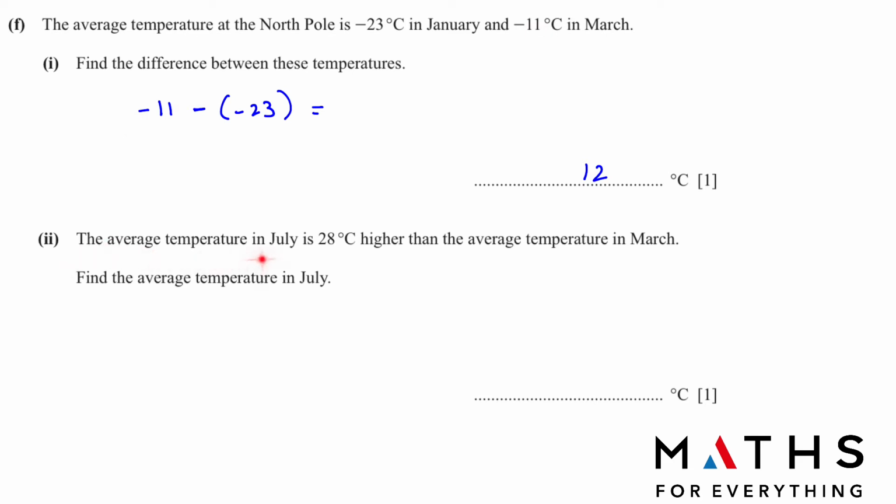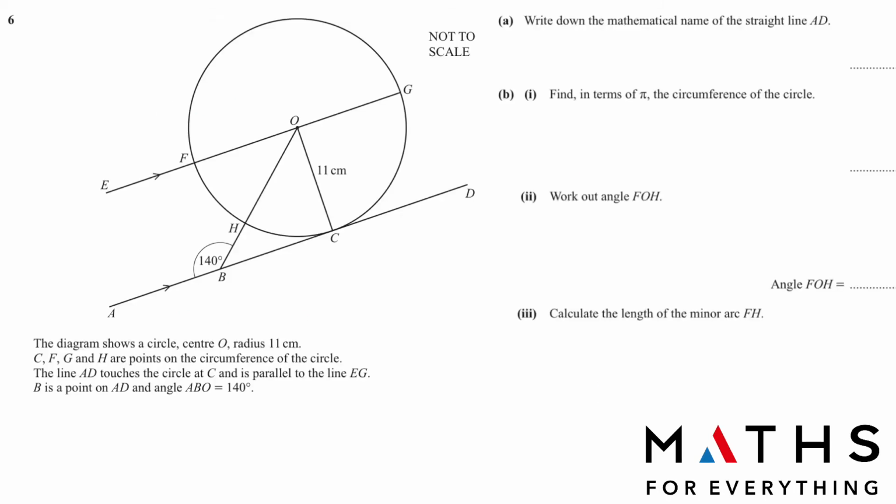The average temperature in July is 28 degrees centigrade higher than the average temperature in March. Find the average temperature in July. So negative 11, it's higher, so we add plus 28, will give us 17 degrees centigrade as the answer.